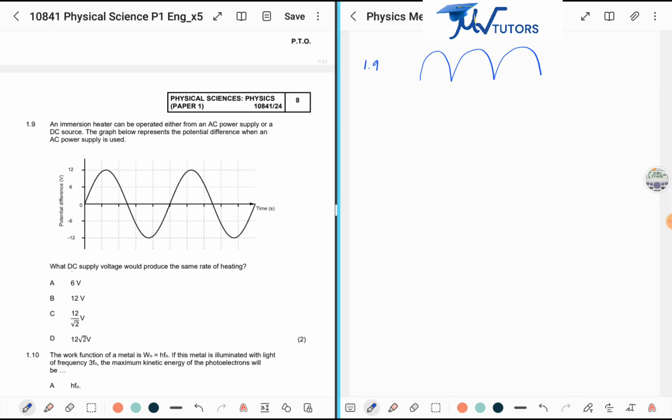So I would use the equation then. The voltage would be your Vmax over root 2, right? The root mean squared. And we can see our Vmax is 12. And then we have root 2.